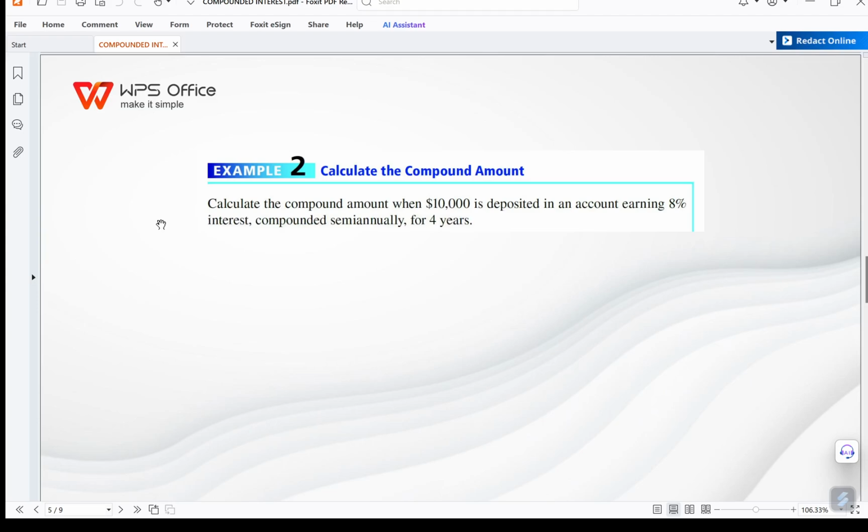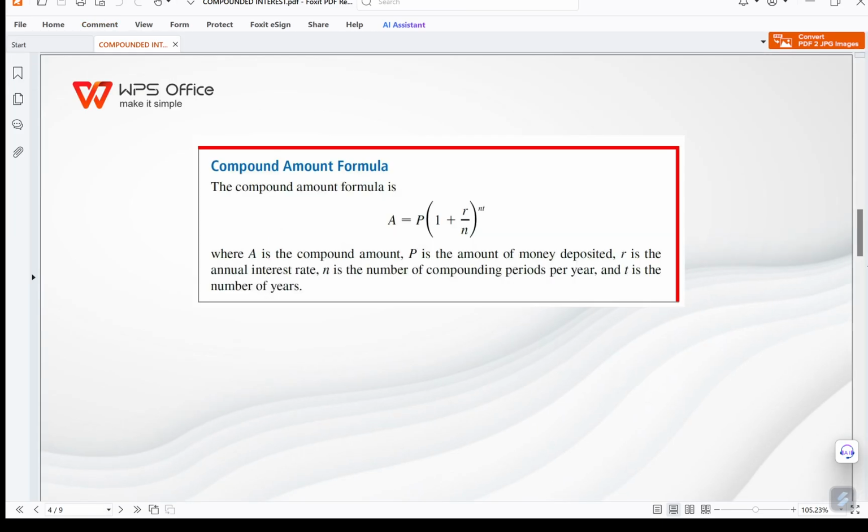Here we are asked to calculate the compound amount when $10,000 is deposited in an account earning 8% interest compounded semi-annually for 4 years. So our time here is 4. First, we need to recall our formula.